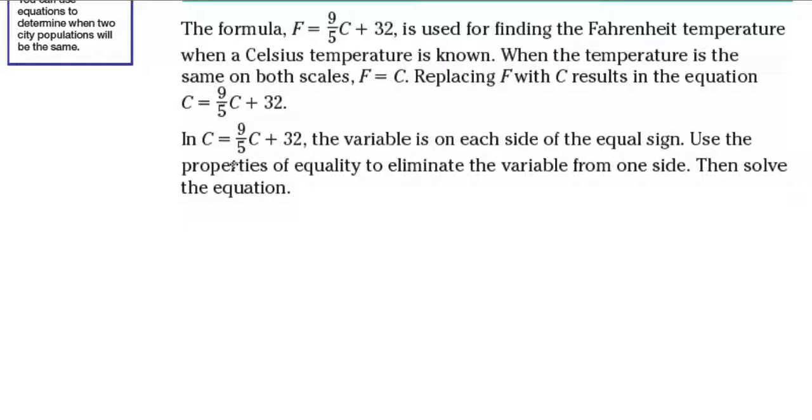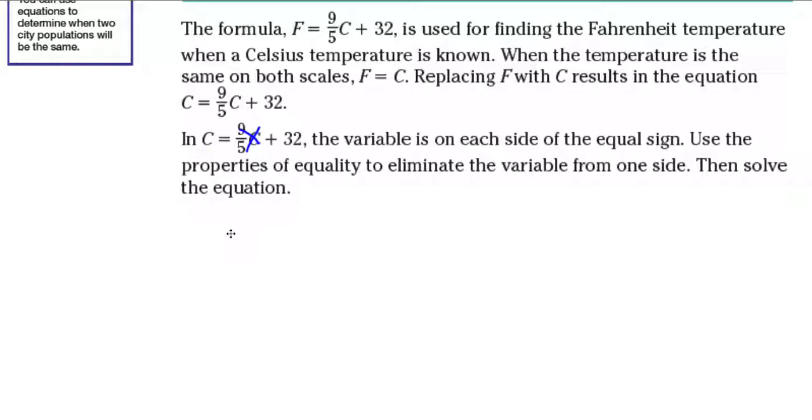Because the objective of solving an equation is to isolate C on one side of the equation, and in this case C is already isolated. So all we need to do is get rid of this C, or undo that C, to be able to solve for our C.